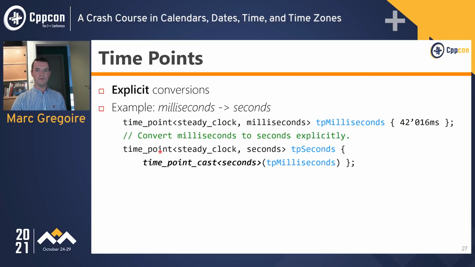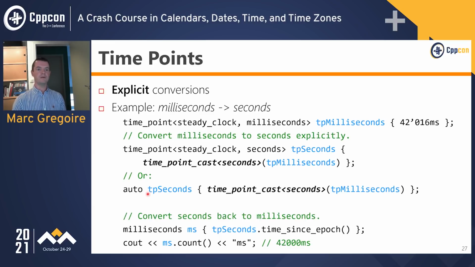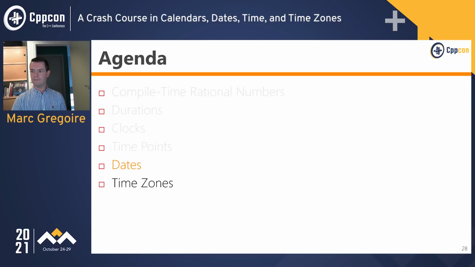Here I start with 42,016 milliseconds, and I'm explicitly converting this to seconds using this time_point_cast, or of course shorter using auto type deduction. If I convert these seconds back to milliseconds, you see that we arrive at 42,000 milliseconds, because you lose precision when you move from milliseconds to seconds.